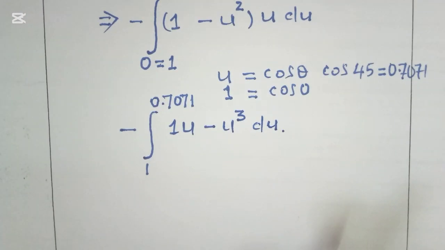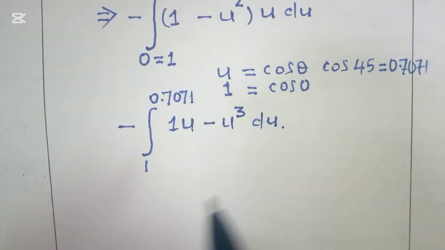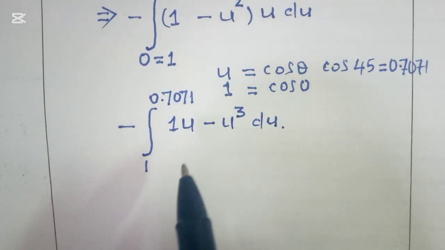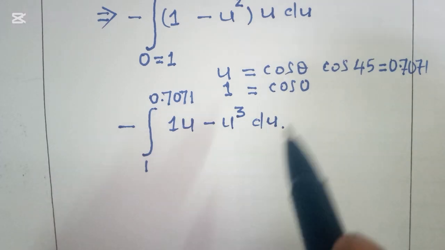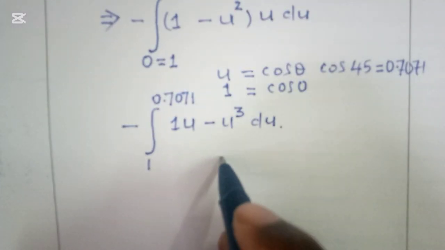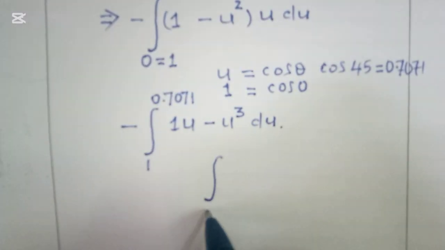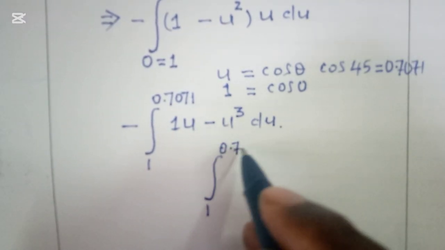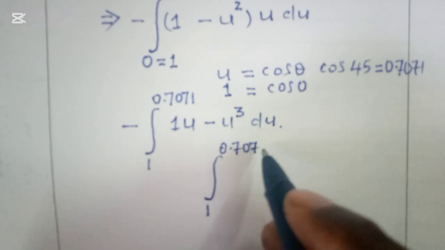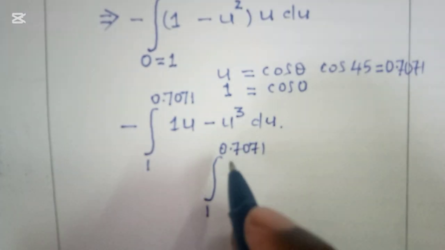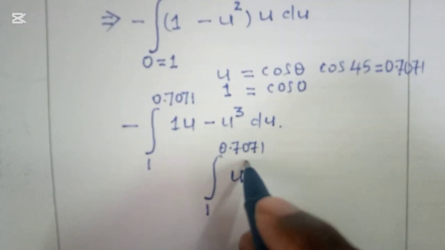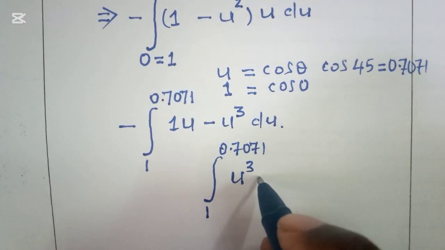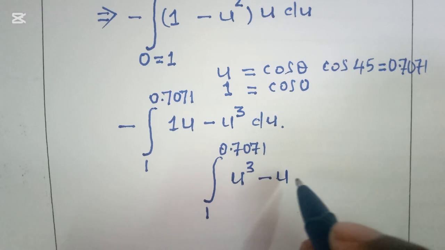We now go ahead and integrate. For us to integrate, I can put this minus inside here, so that we shall now have something like this, guys. That is 1, that is 0.7071. Then this one will now be u cubed, because we multiply that and that, minus now u du.